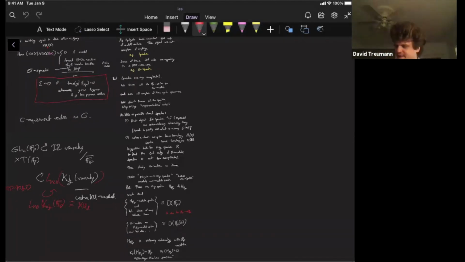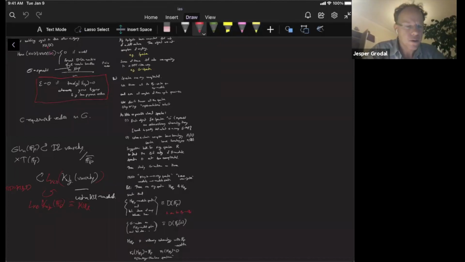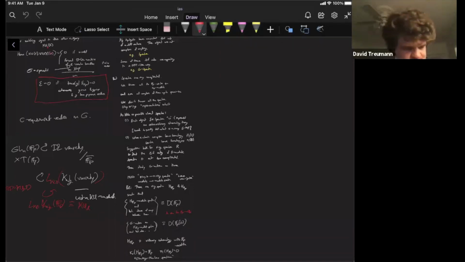You're talking about the Hochschild center of the category again, or not the center of the category, but your category of KUG modules, or compact objects in that category or something like that.